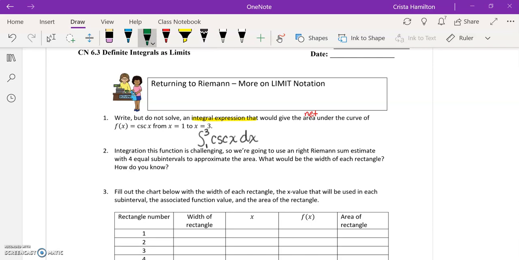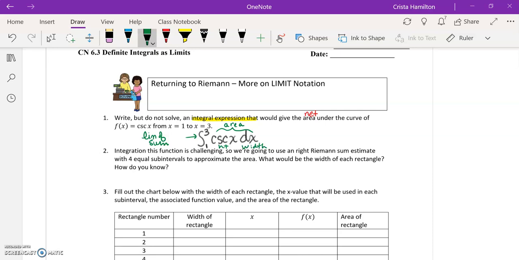So remember, as you're doing this in your Riemann sums, the definite integral is the limit of the sums of the rectangle areas. The quantity over here is representing the areas that we are summing up, and the cosecant of x is the height, while the dx represents the width as we are working through this.